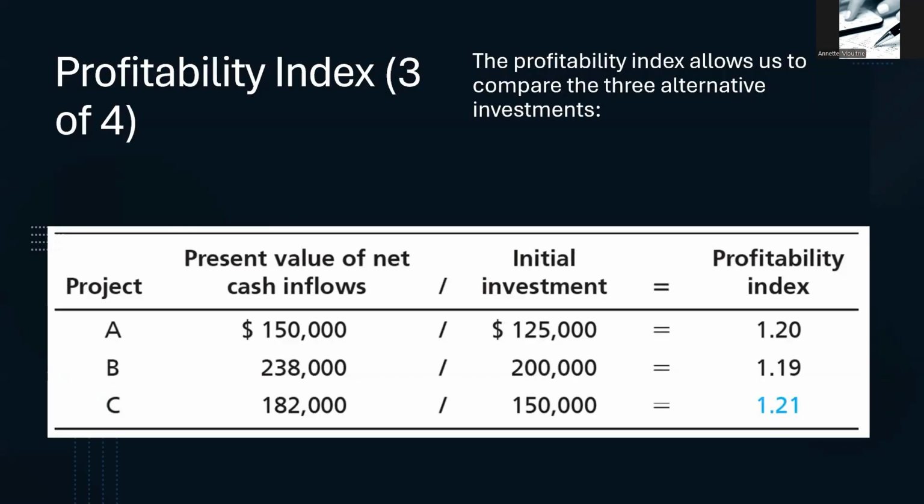So let's compute the profitability index for all three alternatives. The profitability index shows that project C would be the best of all three alternatives. Why? Because it has the highest profitability index of 1.21, as compared to A being only 1.20 and B being 1.19.